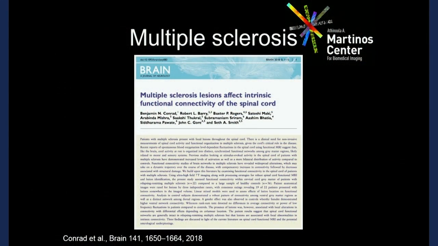It was a very long development of the methods, and there are only a couple of papers in the world that have now looked at this. However, I'm very pleased to tell you that as of a couple months ago, we were the first group to show that at 7 Tesla, you could actually detect changes in these signaling patterns in the spinal cord between patients with relapsing remitting MS in areas that do not have and have lesions.